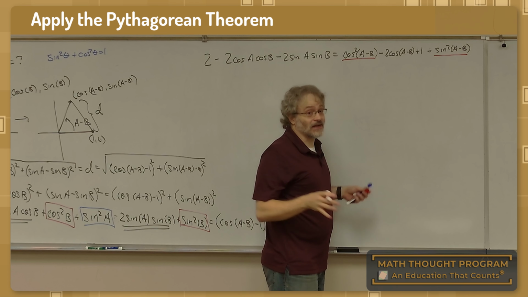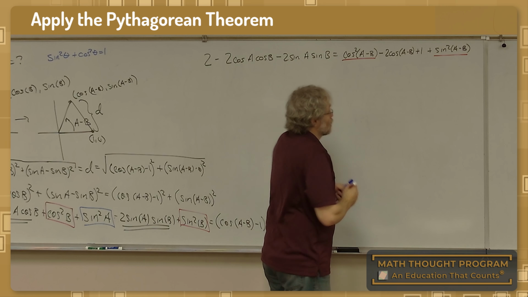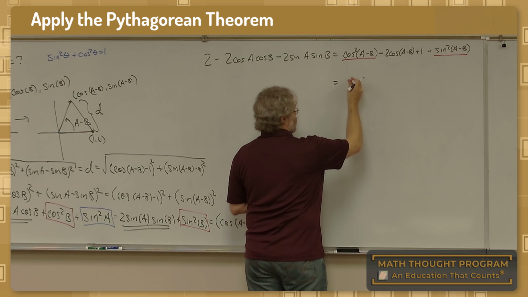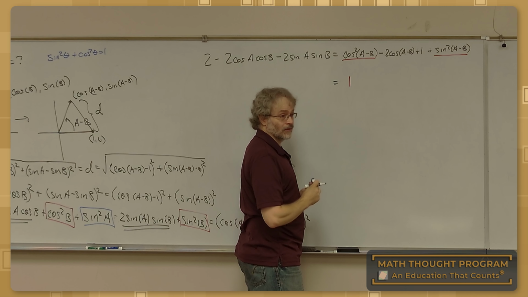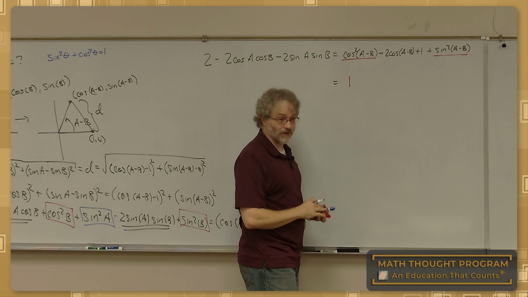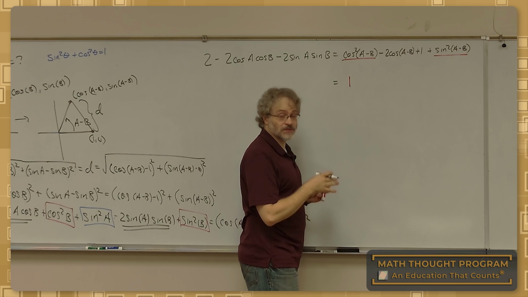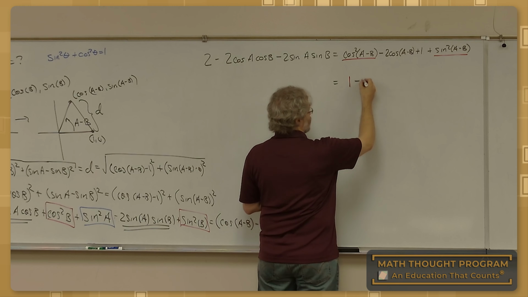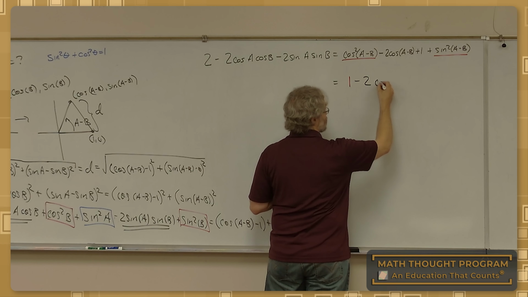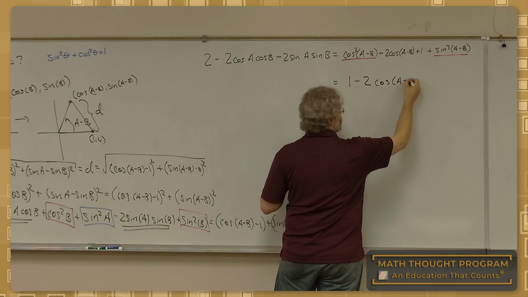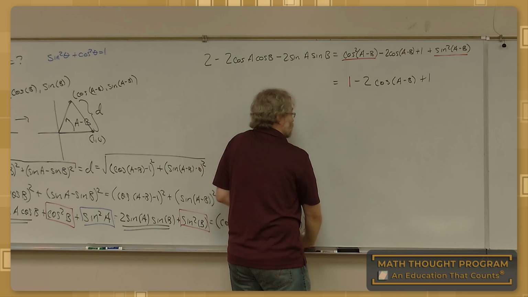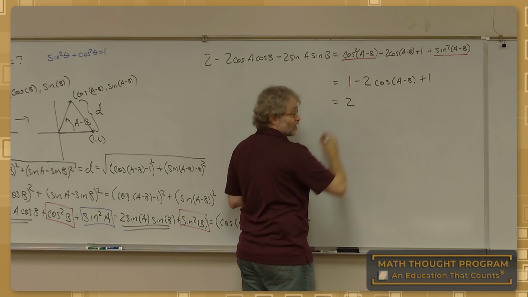And if they have the exact same angles, this piece collapses down to nothing more than 1 due to the Pythagorean theorem. Sine squared theta plus cosine squared theta equals 1. That's going to leave us with minus 2 cosine A minus B plus 1. But 1 plus 1, that's 2.